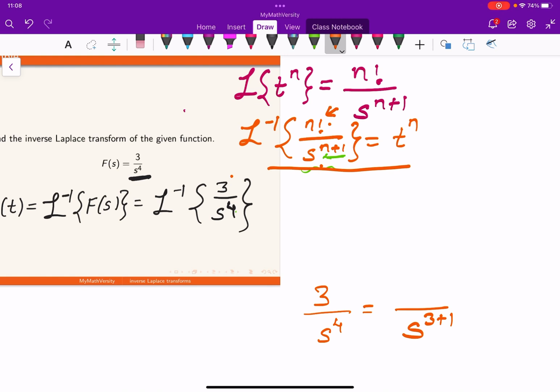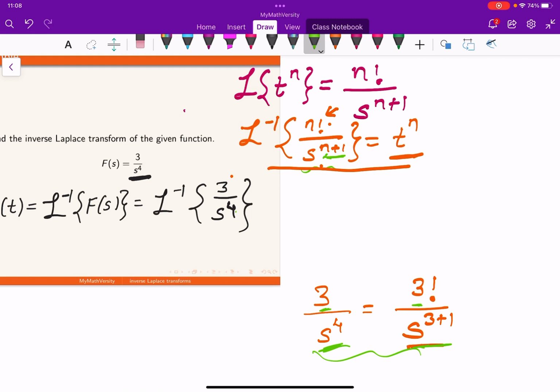That means it would be nice if we had 3 factorial at the top. Then we could apply this formula of t to the power n. But we do not have that, because these two are not the same: the s at the bottom is the same, but at the top I need 3 factorial.